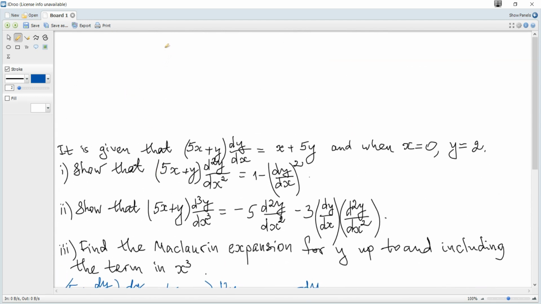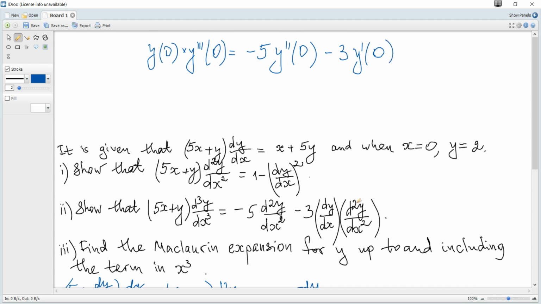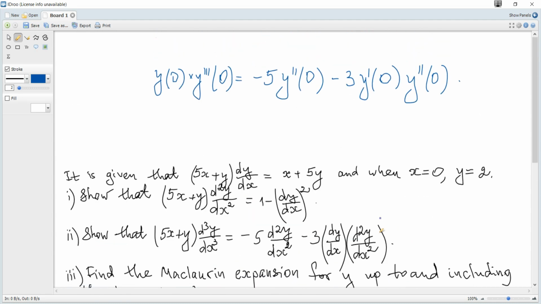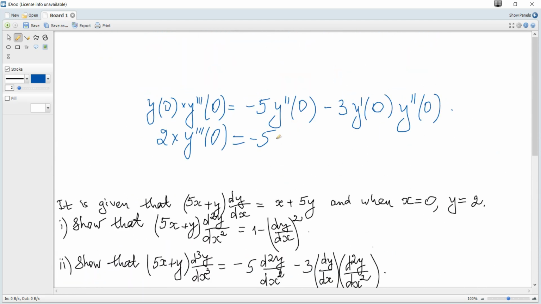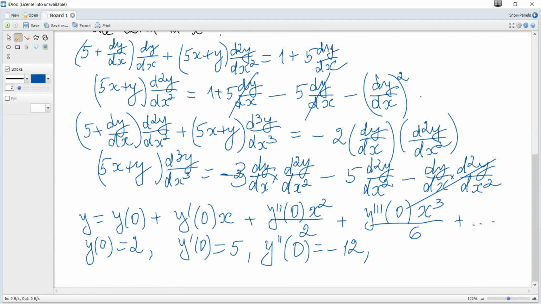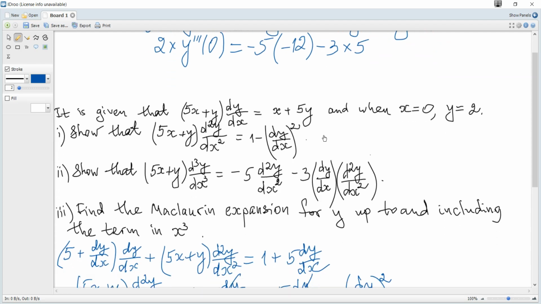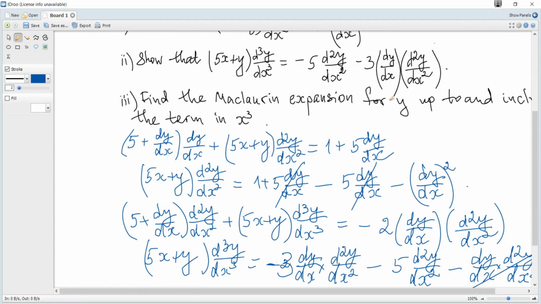So it becomes y of 0 multiplied by the third derivative at 0 is equal to negative 5 the second derivative at 0, minus 3 the first derivative at 0 multiplied by the second at 0. So y of 0 is 2, the third derivative, negative 5, the second at 0 is negative 12, minus 3, the first at 0 is 5, and the second at 0 is negative 12.